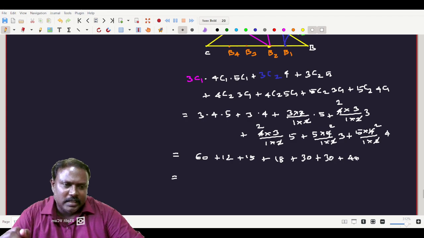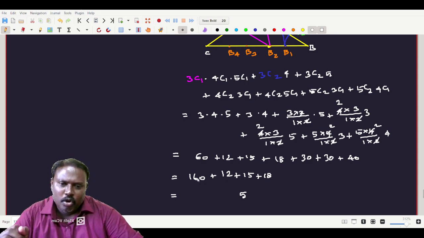So 40 plus 30 is 70, plus 30 is 100. So 100 plus 60 is 160. And then 12 plus 15 plus 18 is 45. So 160 plus 45, we get 205.